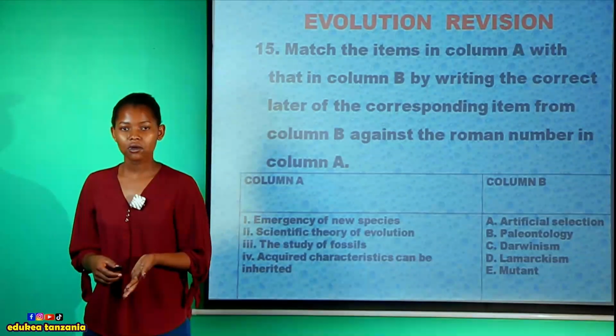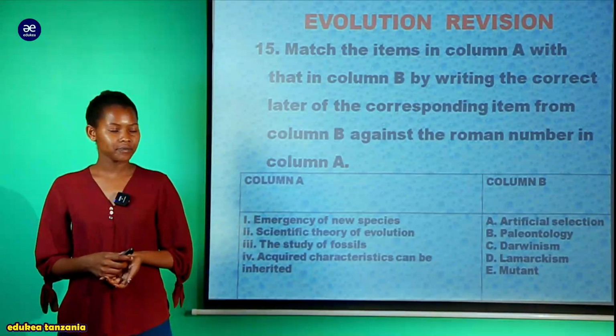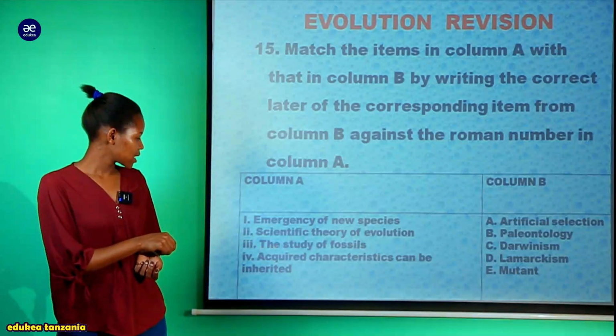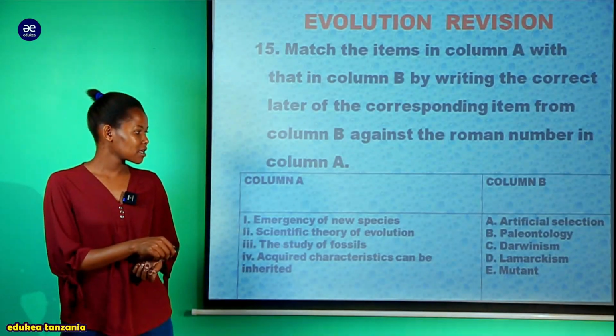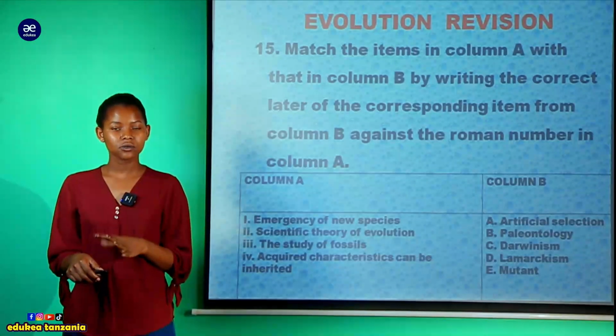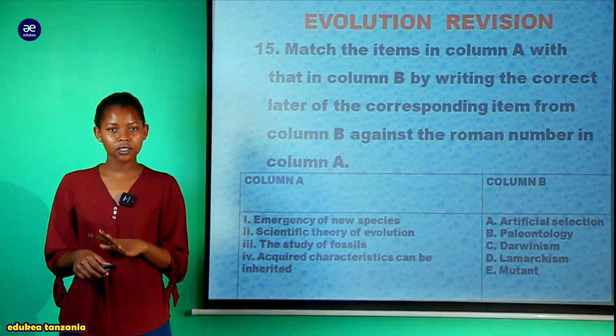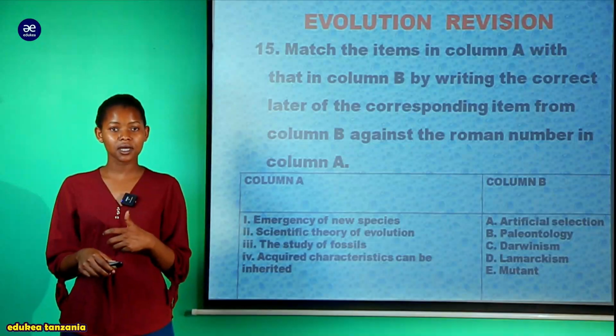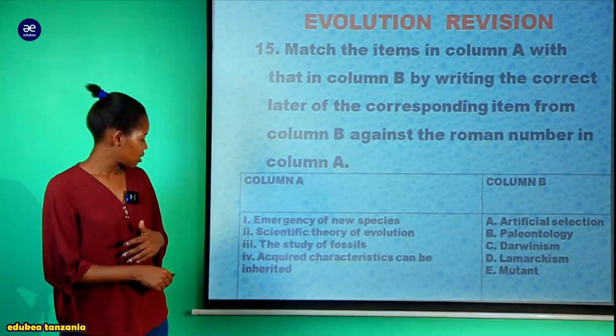So scientific theory of evolution here is Darwinism. The third item is the study of fossils. Direct answer here is paleontology. The study of fossils, we already talked on it, tulisoma sana katika kipindi kilichopita.